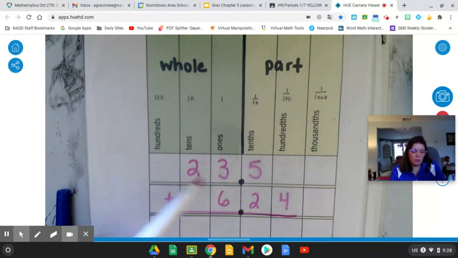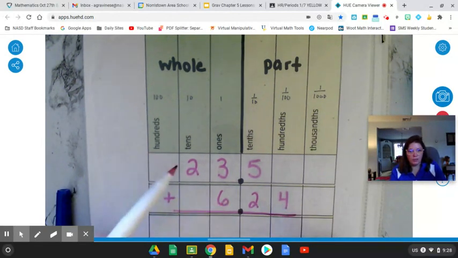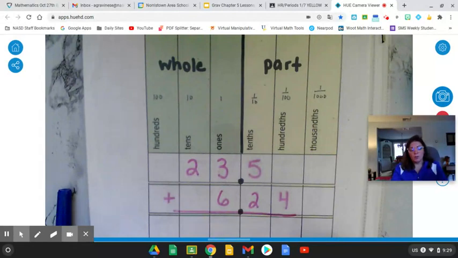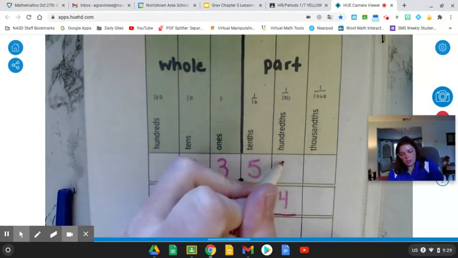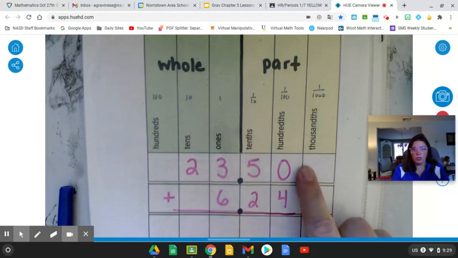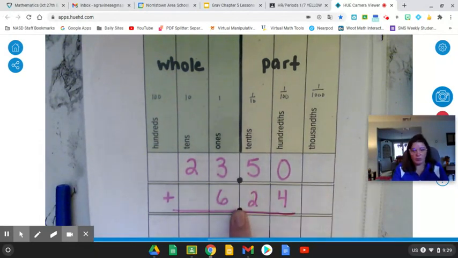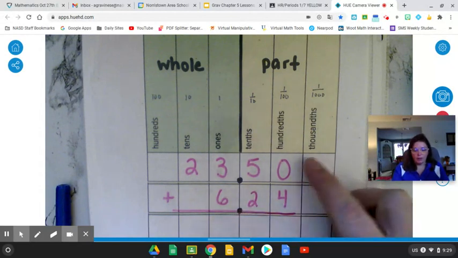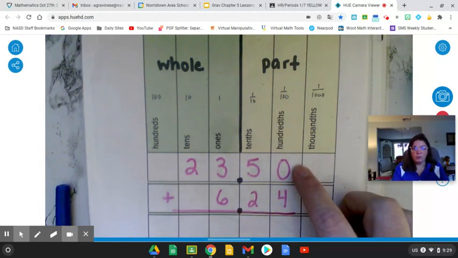They might wonder, well, this one is sticking out over here. What you can do is annex a 0. We did this a few chapters ago when we were ordering and comparing numbers that had decimal values, so it's a similar idea. We line up the decimal points, and then if we have any holes or gaps, we annex a 0.